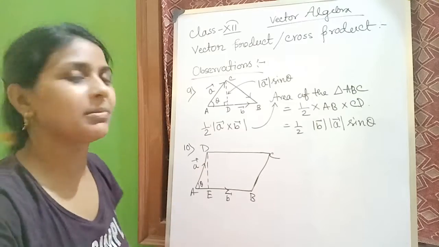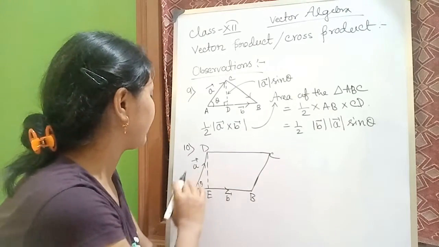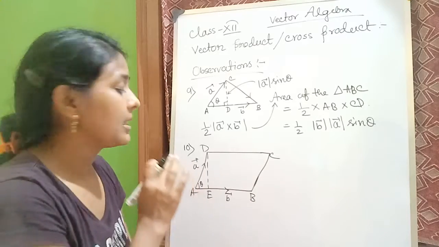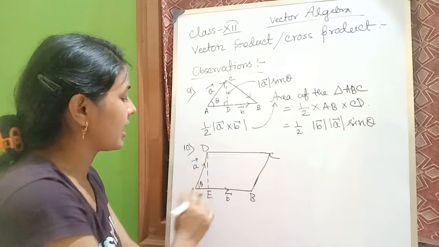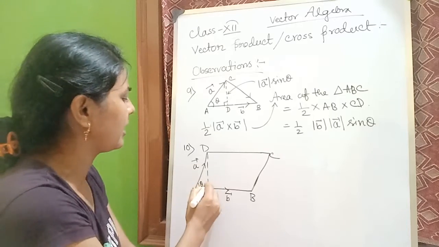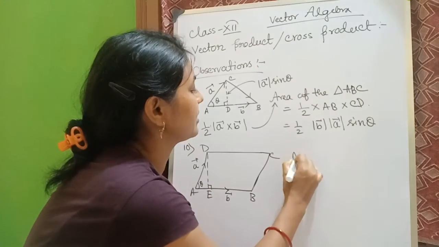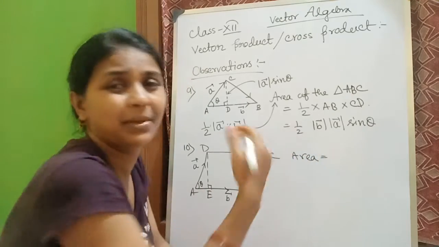Coming to the next observation, that is number 10 observation. You can see from the figure, this is a parallelogram. The parallelogram's name is ABCD and its altitude is DE, which I have drawn here. This is obviously 90 degrees. Now we all know that a parallelogram's area is equals to base into height, not half into base into height.